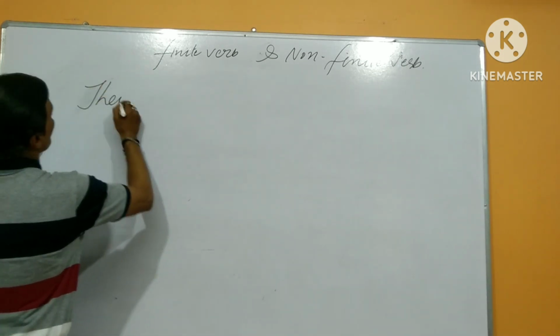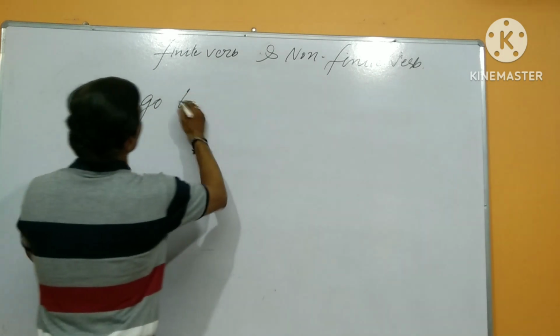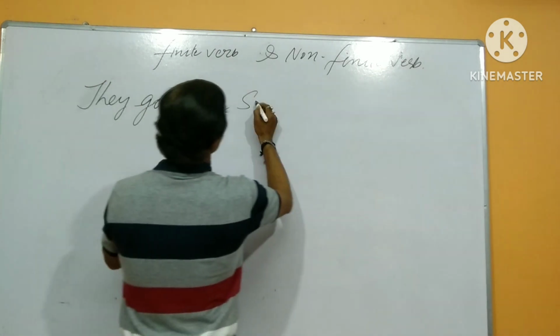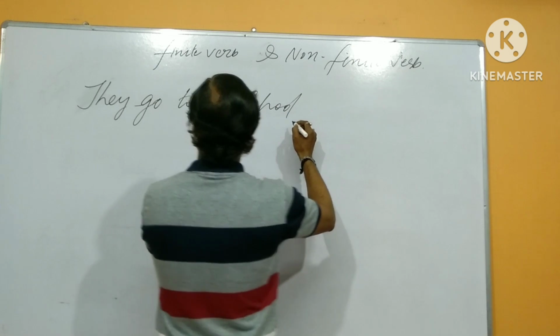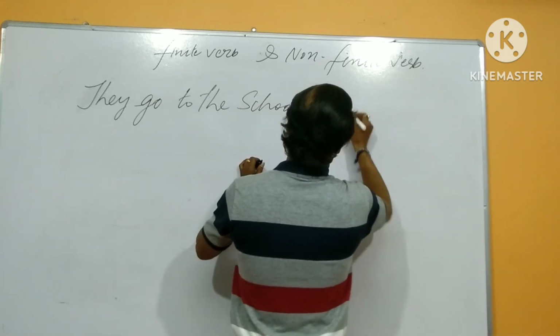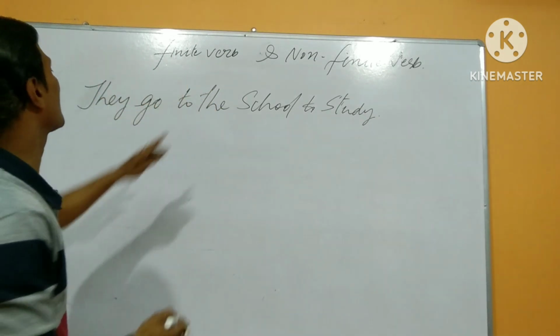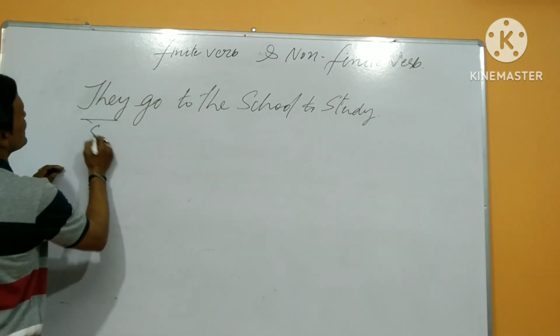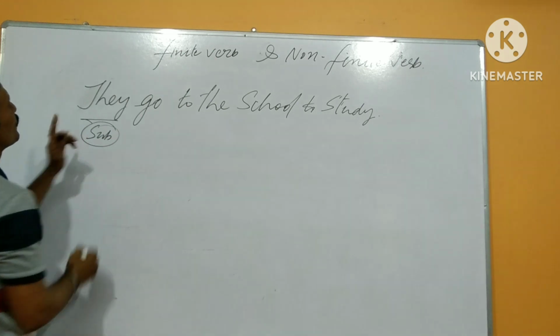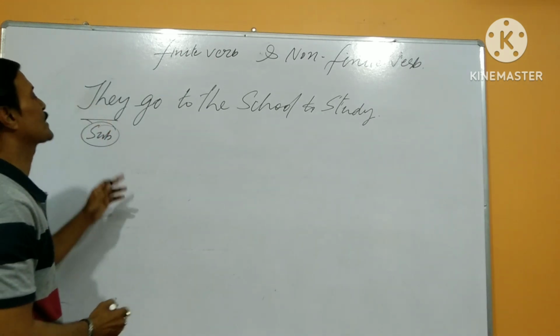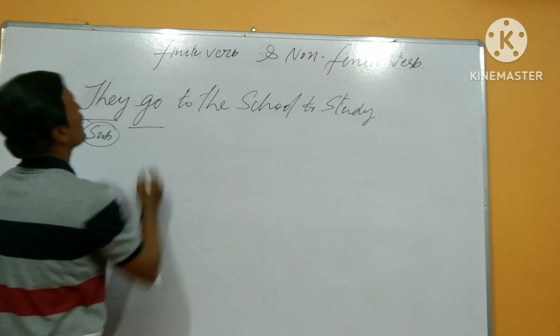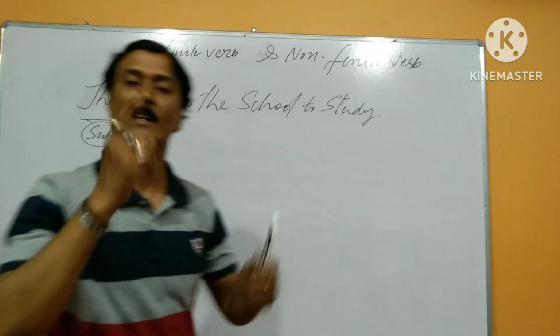They go to the school to study. Here the finite verb is also agreeing: they is a subject, a plural subject, so it agrees with a plural verb. A singular subject agrees with a singular verb.